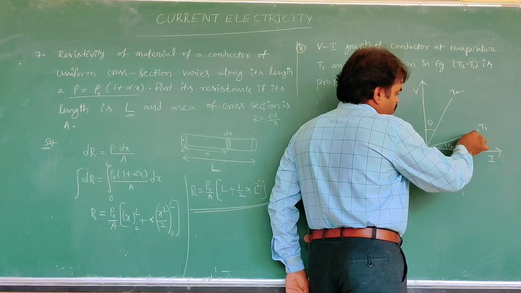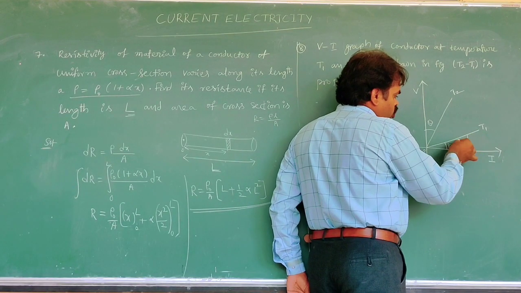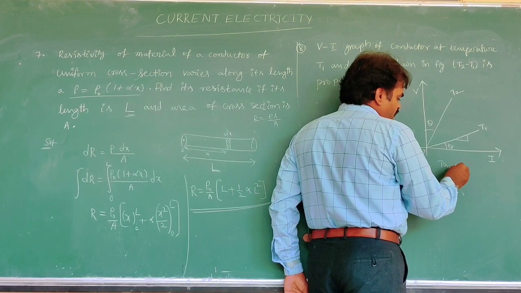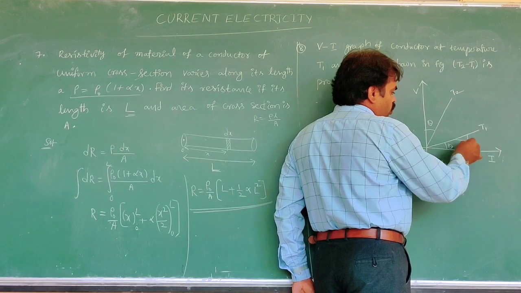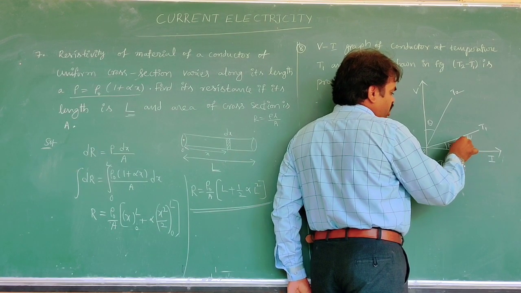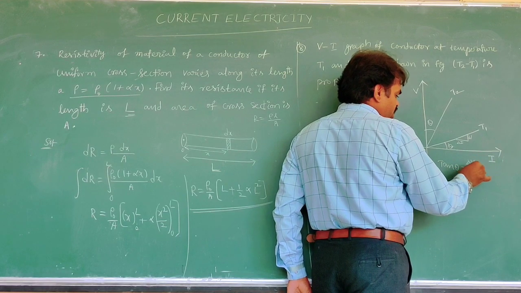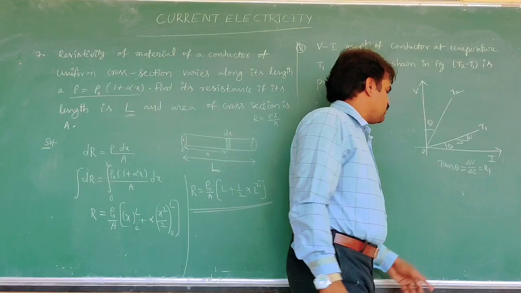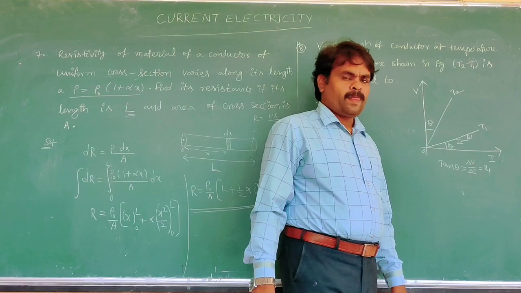First we are finding the slope of the first line. Slope means tan theta. Tan theta is equal to what? That is V by I, delta V by delta I. This is for R1.